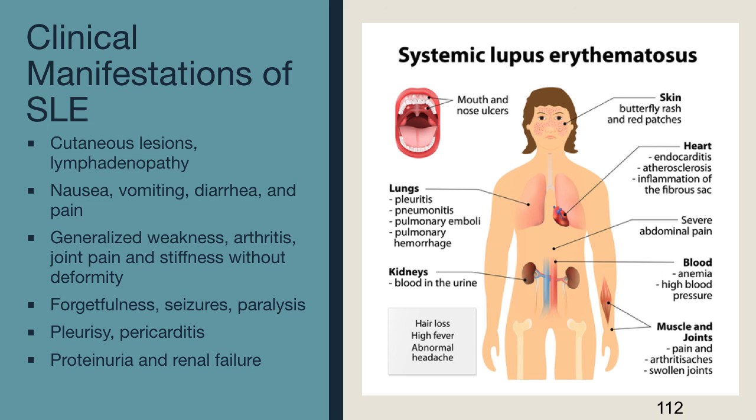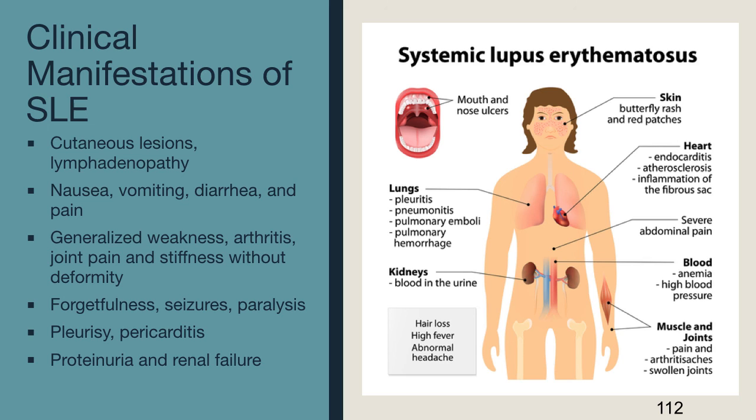Forgetfulness, seizures, and paralysis can happen. Pleurisy and pericarditis is usually how some of these people die from lupus. Proteinuria and renal failure can happen as well.